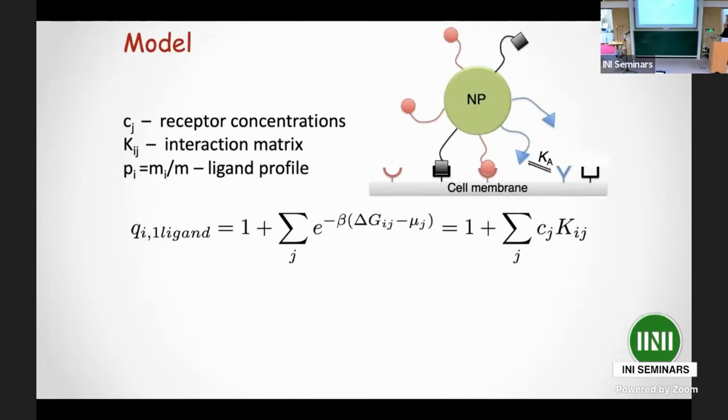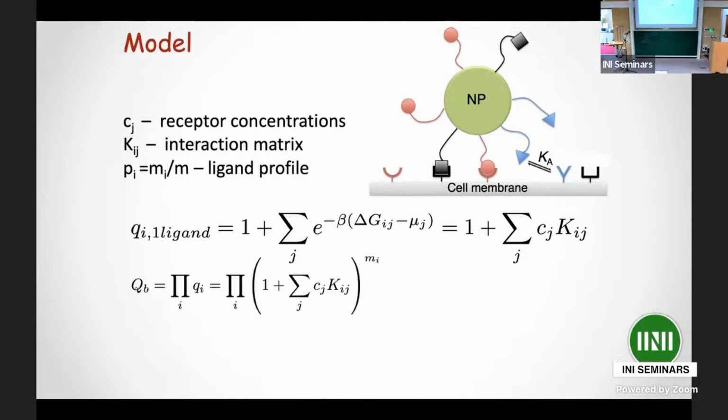If we assume that, we can write down the partition function. The partition function for the binding of this particle to the membrane is the sum of all these terms, basically the sum of receptor concentrations times the interaction matrix.